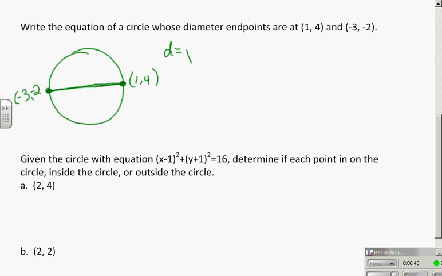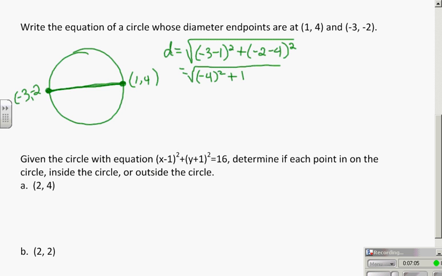So the diameter is equal to the square root of (-3 minus 1) quantity squared plus (-2 minus 4) quantity squared, which is equal to the square root of (-4) squared plus (-6) squared, the square root of 16 plus 36, which equals the square root of 52.